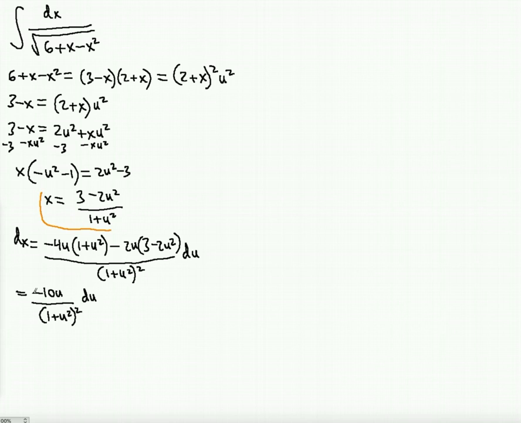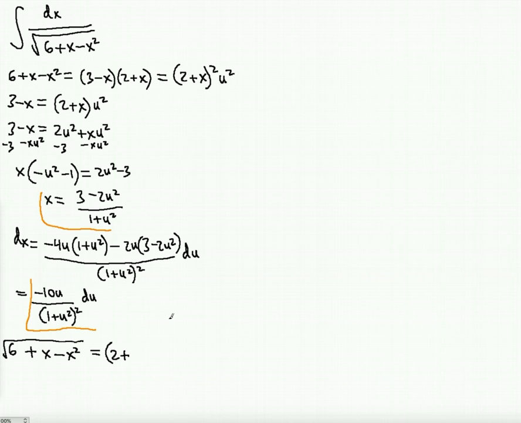So now there's one more thing before we're ready to finally put everything in terms of the new variable. Notice that the square root of this trinomial, the square root of 6 plus x minus x squared, is going to be the square root of this, which is 2 plus x times u.